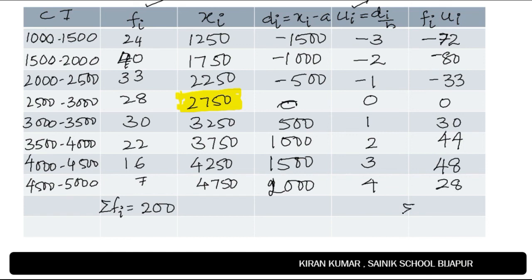Let us find sigma fi ui. This will be negative 35. You need to add all the positive values and all the negative values. On further simplification, we get negative 35.